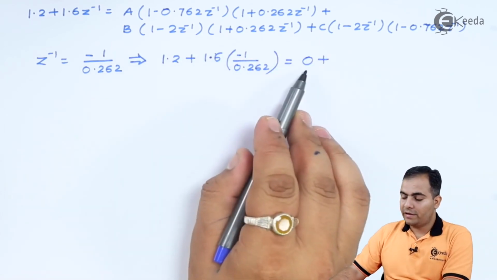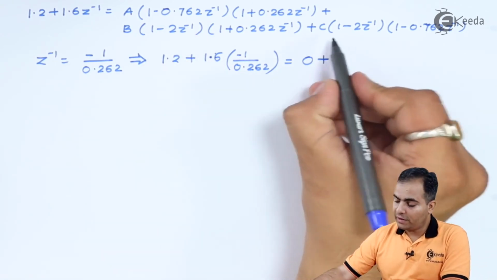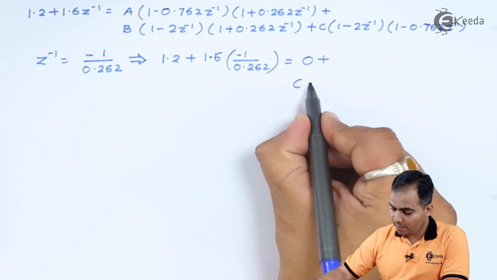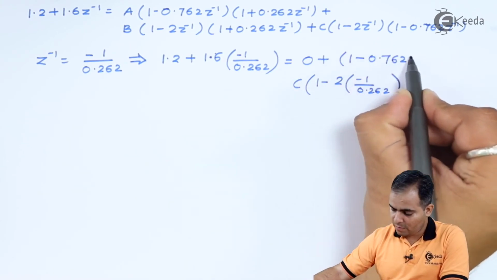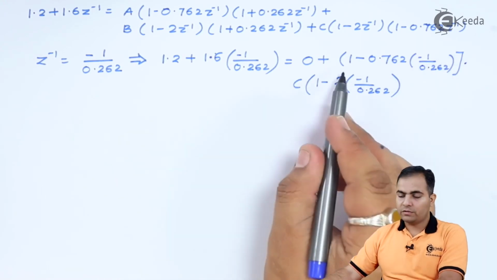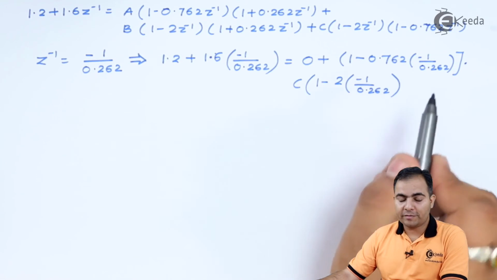Now look at here, I have replaced all the A term and B term product terms by 0, and now I'm going to substitute the value of C. So now I'll solve this left-hand side part as well as this right-hand side part one by one.